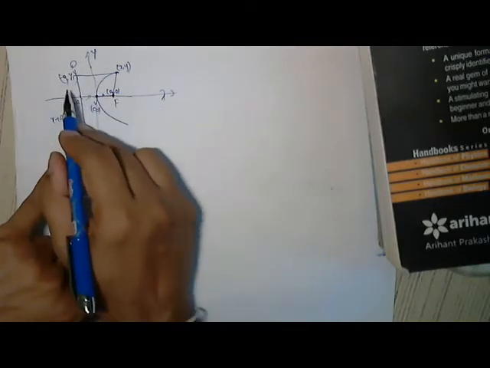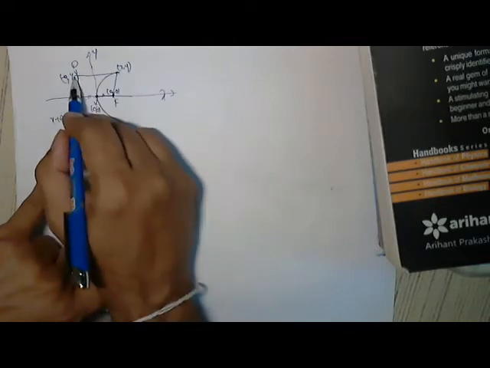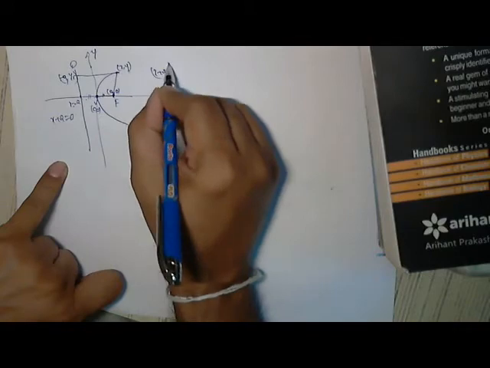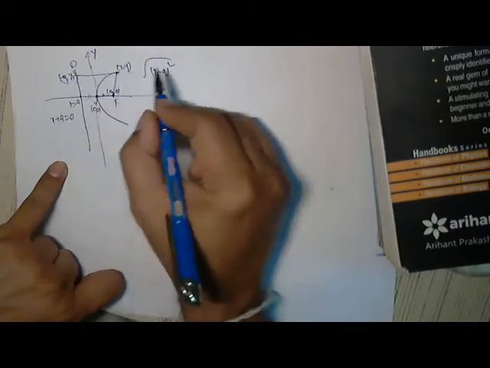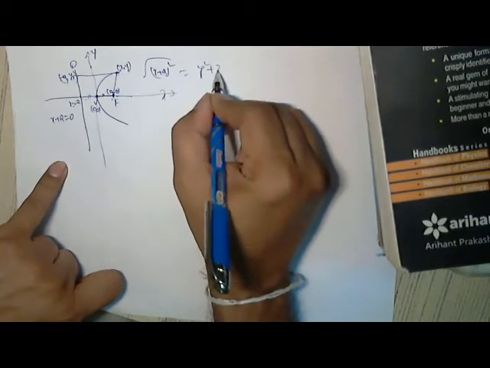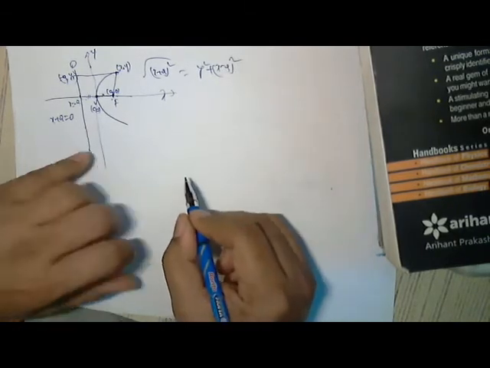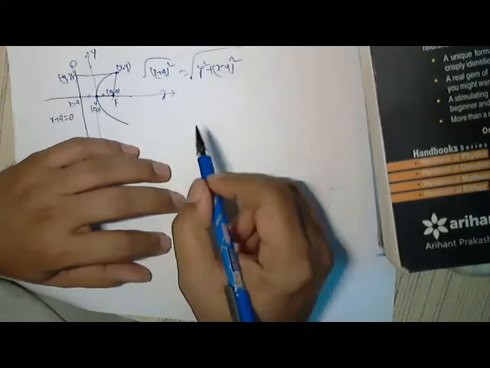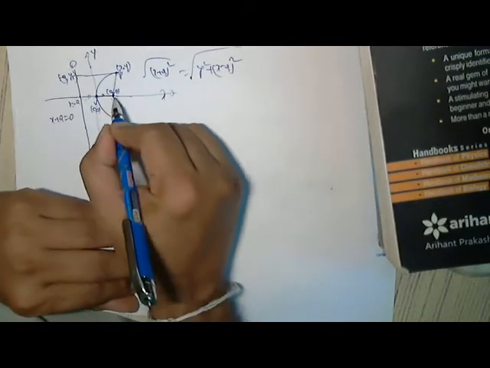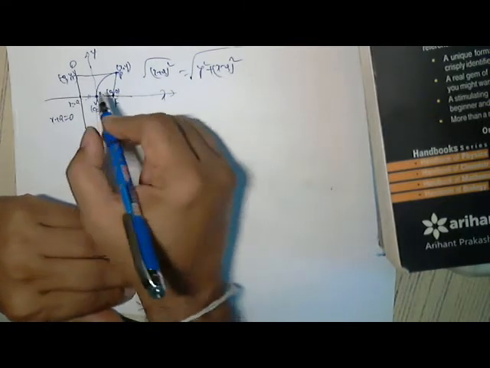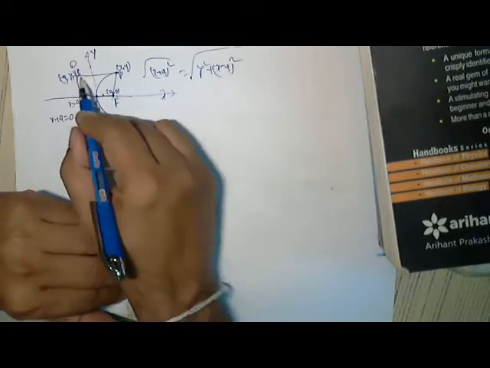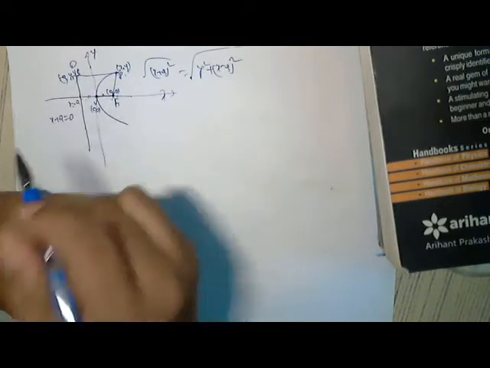The distance between these two is y minus y whole square 0, x minus of minus a, so x plus a whole square under root. And the distance between these two is y minus 0 whole square plus x minus a whole square, under root. So this is P, this is F, this is S, and SP is equal to PF.